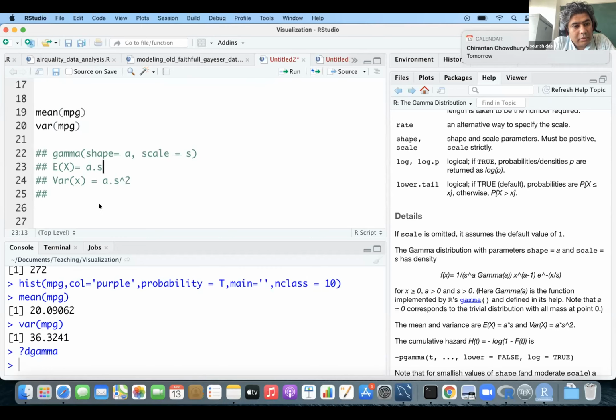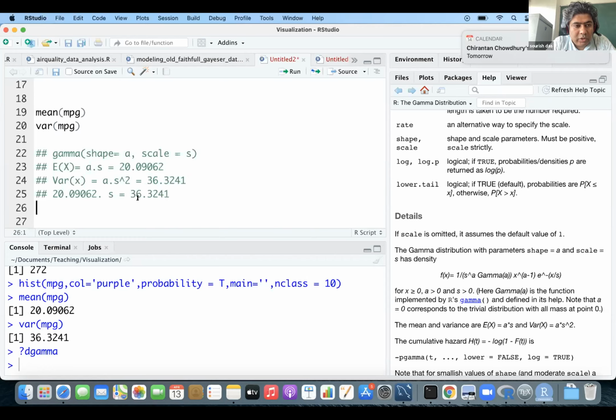Then equate it to this, equate it to 6.23. So basically A times S equal to 36.4.